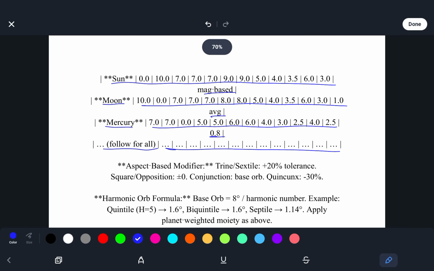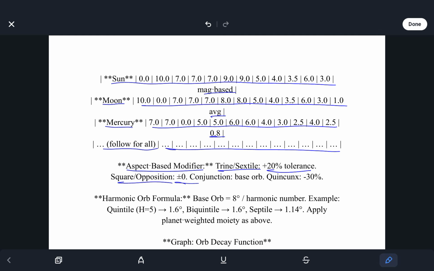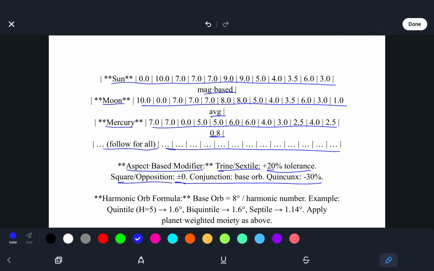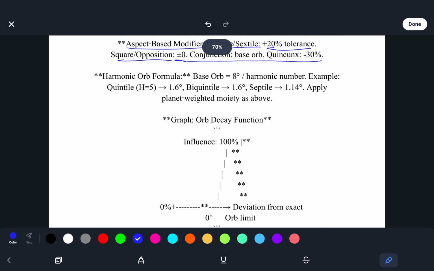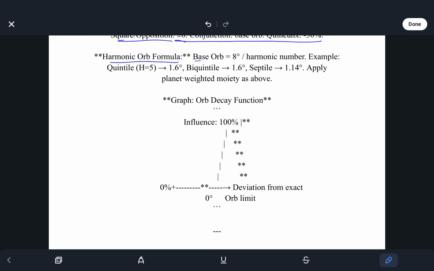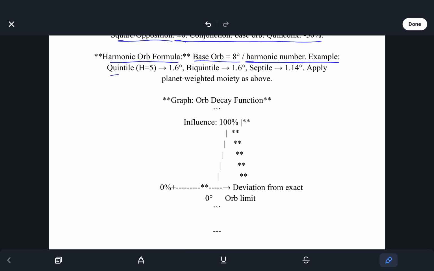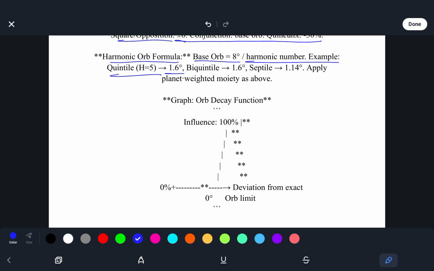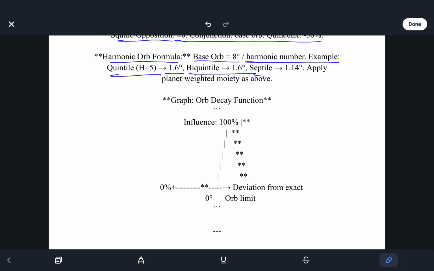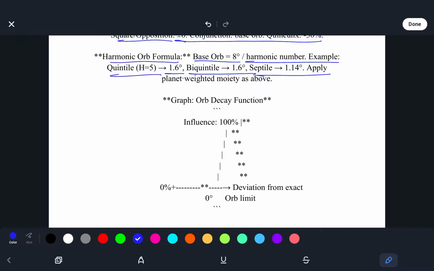But our aspect-based modifier: trine and sextile adding 20% tolerance, square and opposition adding or subtracting 0, conjunction-based orb, quincunx negative 30%. Harmonic orb formula, base orb equals 8 degrees, divided by the harmonic number. So for example, quintile, H equals 5, 1.6 degrees, biquintile 1.6 degrees, septile 1.14 degrees. Apply planet-weighted moiety as above.